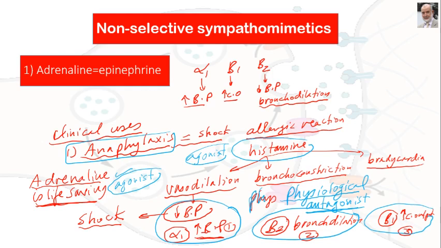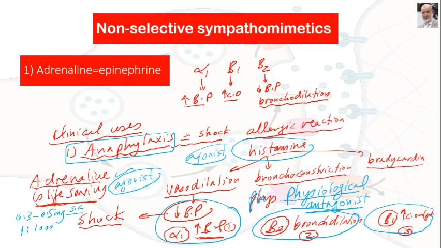So usually the dose of adrenaline, in this case, is about 0.3 to 0.5 milligram. Usually they are given by subcutaneous injection. And the concentration of adrenaline is usually 1 to 1000, 1 gram in 1 liter.